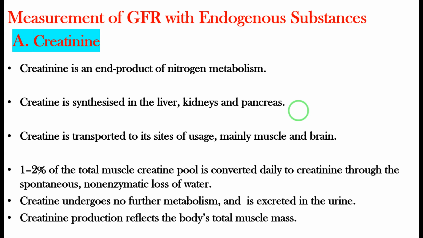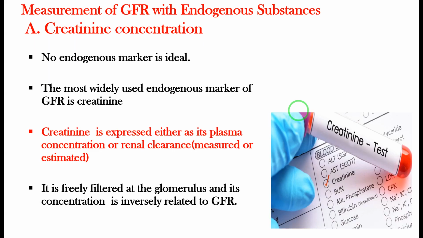Why do we choose creatinine as a measure of the GFR? Because it's freely filtered by the kidney at the glomerulus, it undergoes no more metabolism, and then is excreted in the urine.